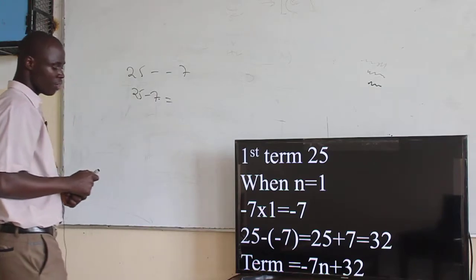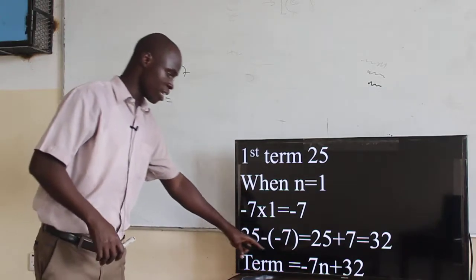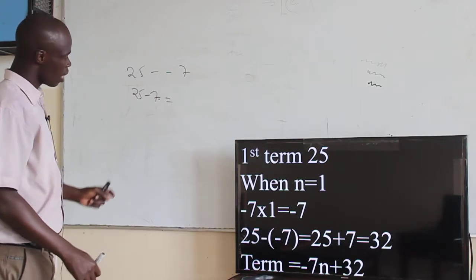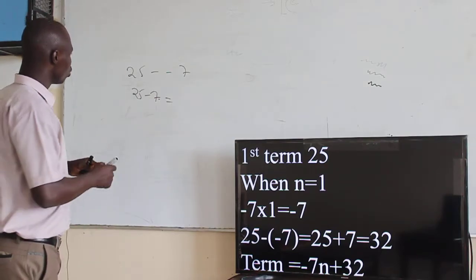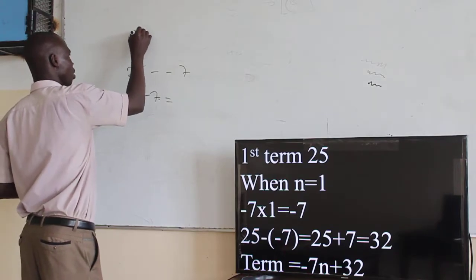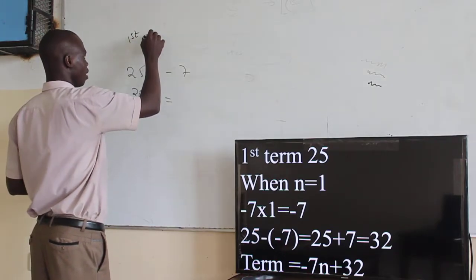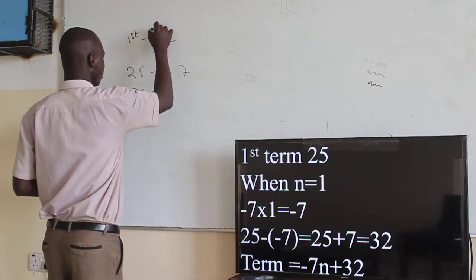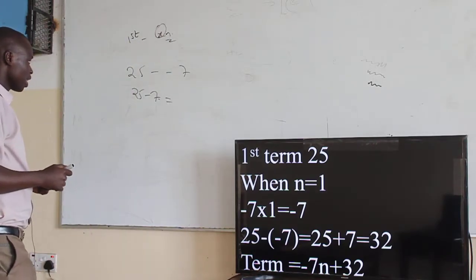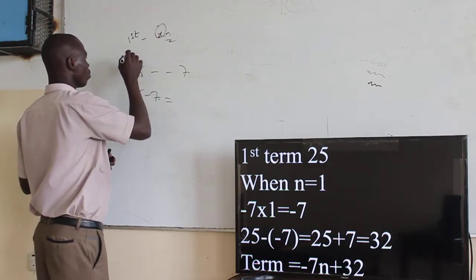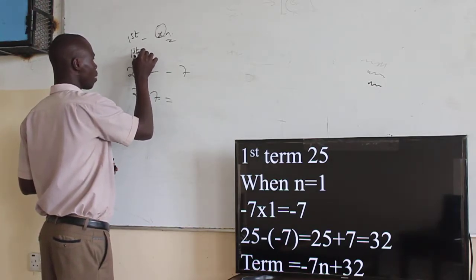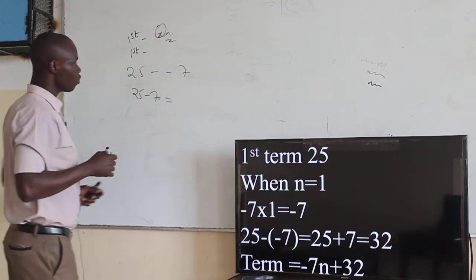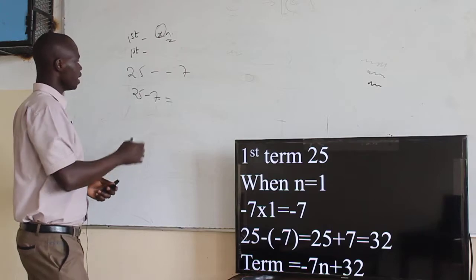If you take this value and say that it's just 25 minus 7, it is wrong. It's supposed to be the first term minus x times n, for which x is a digit. You look at whether this digit is positive or negative. In this case, it is negative.